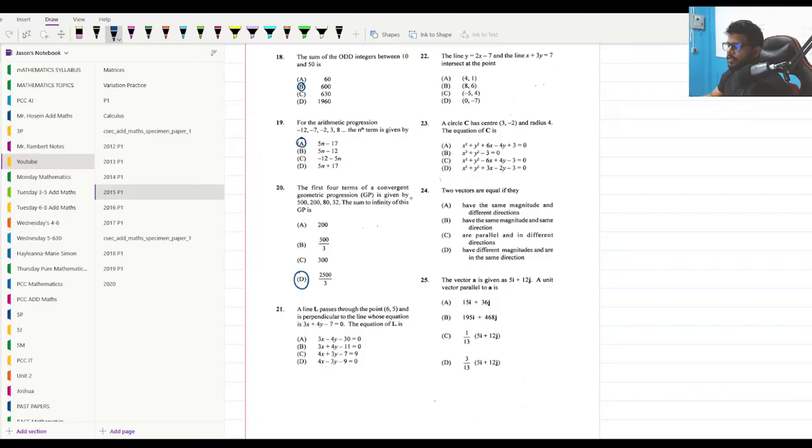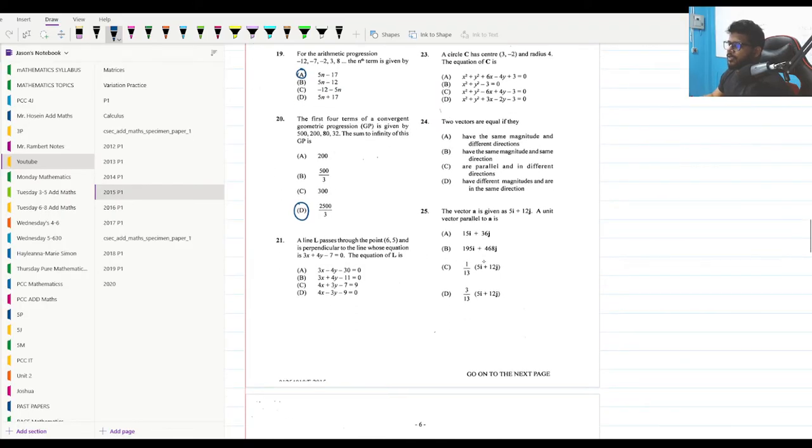A line L passes through 6, 5 and is perpendicular to the line whose equation is this. Let me see how we could break this down.